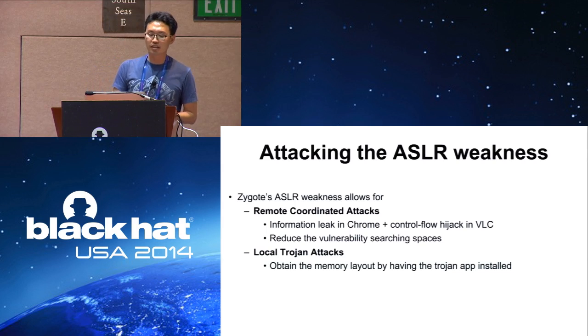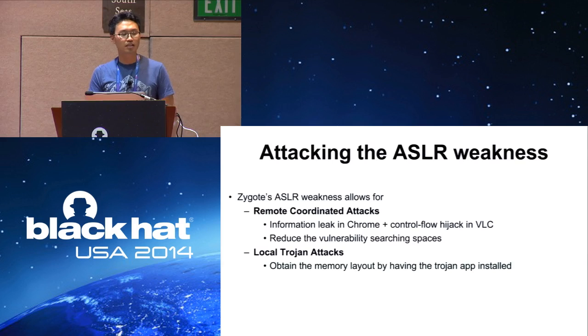The first attack is the remote coordinated attack. What we are going to do is merge two different vulnerabilities. We attack the information leak vulnerability in Chrome, and then we attack the control flow hijack vulnerability in VLC, the media player. If we merge them, the ASLR information from the Chrome side is still valid on the VLC side.